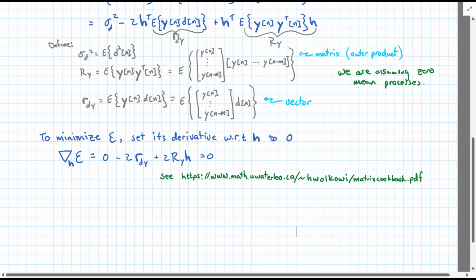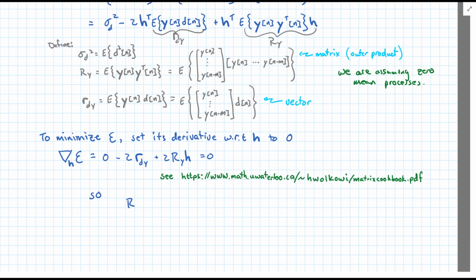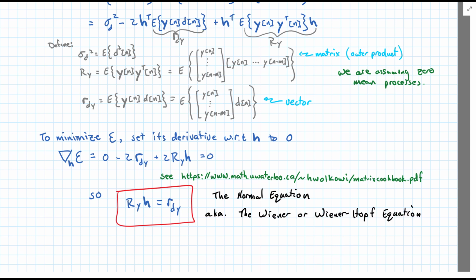Well, now we're getting to our final solution. By setting that equal to 0, we can divide out by 2, put our r_dy on one side of the equation, and our R_y h on the other, and this is called the normal equation, also known as the Wiener or Wiener-Hopf equation.